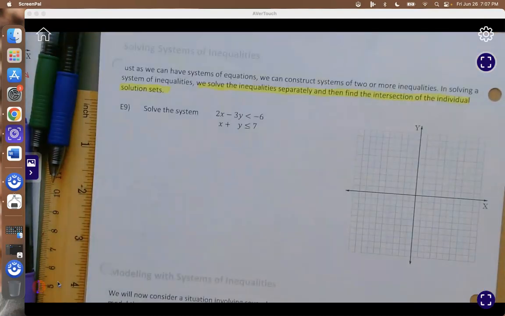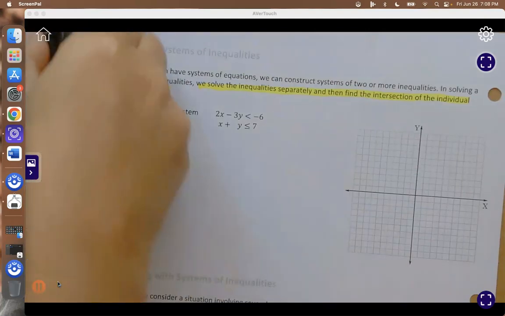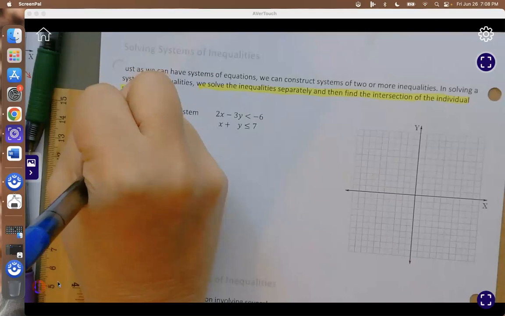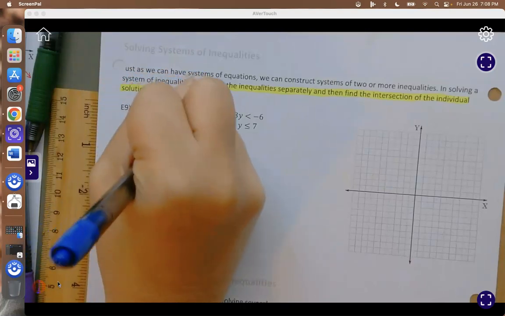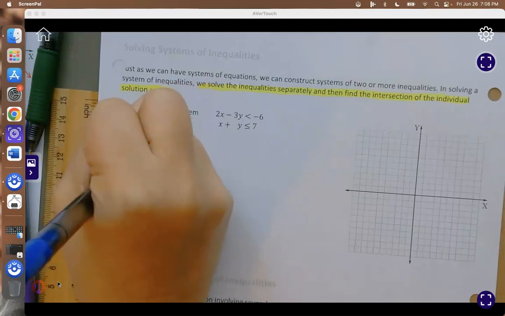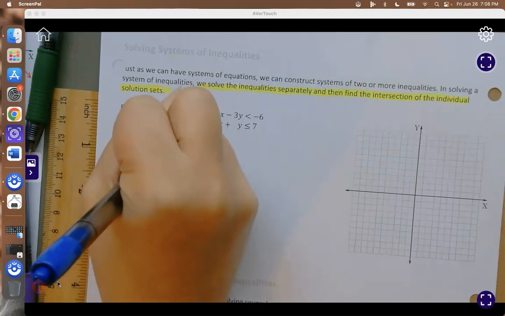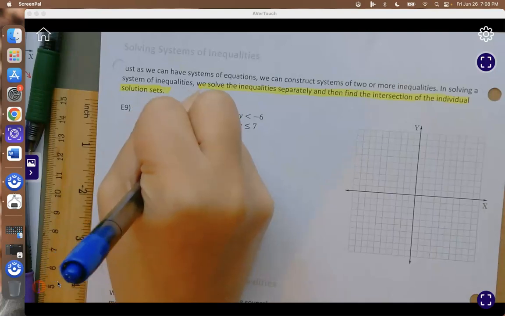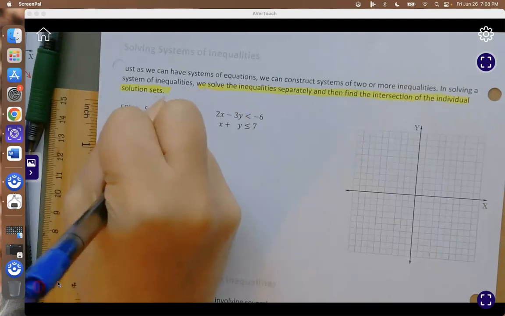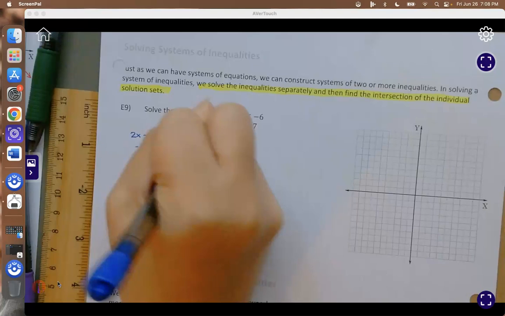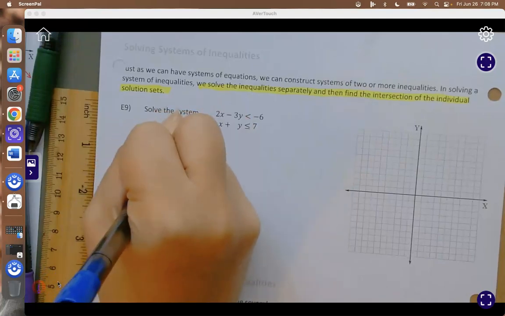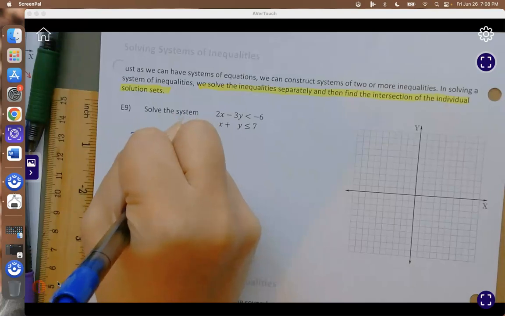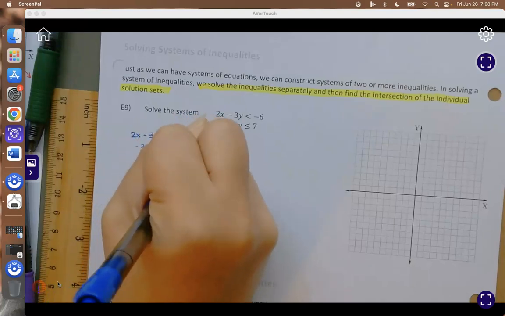So, let's do the first one. 2x minus 3y is less than -6. So we move our 2x over by subtraction. Now we're going to divide everything by -3, and it was a negative, so we flip it. So this is now positive 2/3 x plus 2.